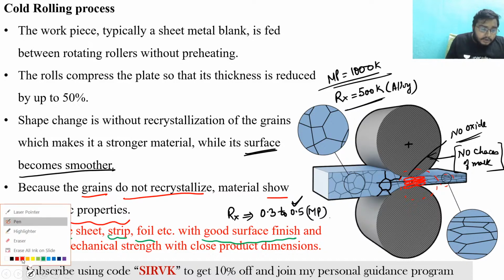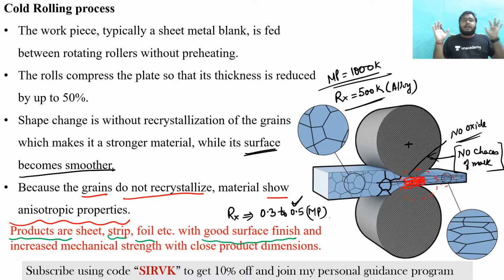Whenever in the examination you read the term cold rolling process, or better to say cold working process, you should always have this much clarity. Cold working process means the strength is going to increase, fine.